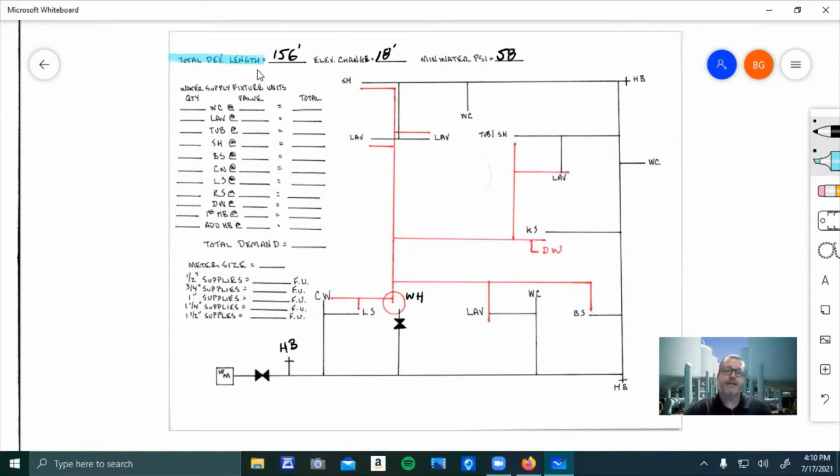Yeah, we'll do 58. Okay, so with this information that we have gathered here, you have your elevation change and your minimum water pressure. We have an elevation change of 18 feet, and we'll say that's a plus 18 feet. In elevation, you lose pressure.